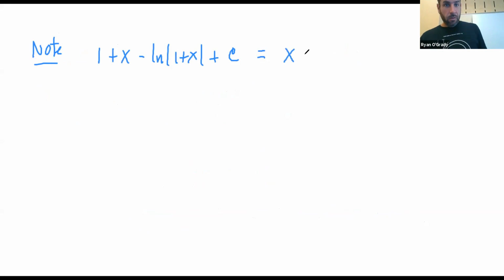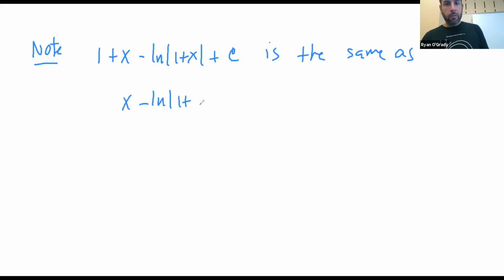I shouldn't say equals. That's a bad way of saying it. This thing is the same as x minus this.